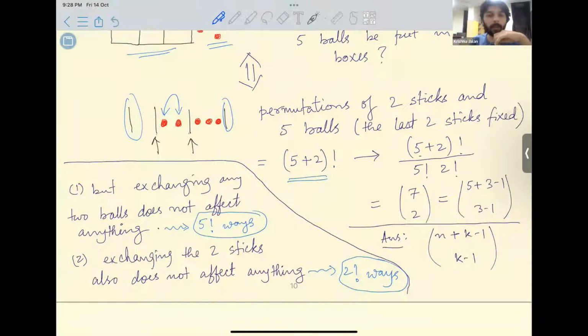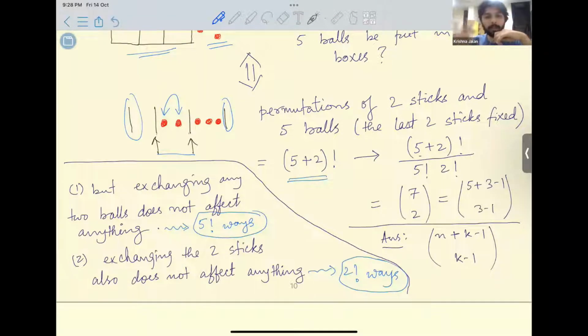So I have to take into account this fact, by removing the number of such repetitions. I can arrange these 5 balls among themselves in 5 factorial ways, and I have to divide by that. Similarly, I can exchange these 2 sticks without affecting the arrangement, so I have to divide by 2 factorial. Is it clear to you?